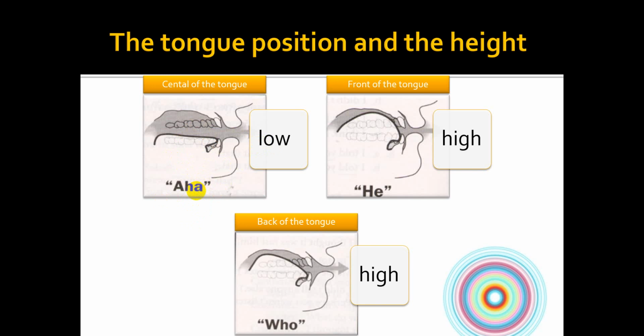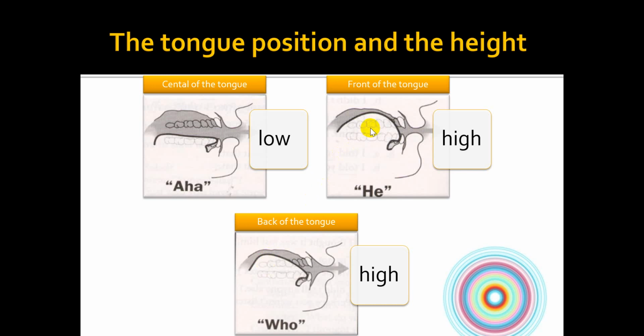But if we want to produce the word he, you can see here that the front of the tongue is raised high. In the example who, the part that is raised is the back of the tongue, and it is raised high.